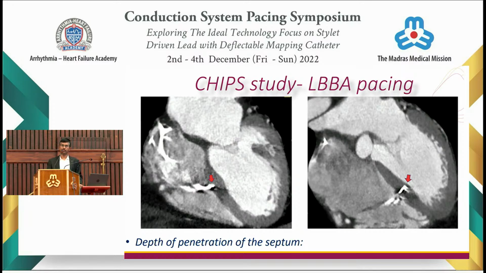What we could find from our study was that the depth of penetration value came around 70%. So if we could reach a penetration of more than 70% into the septum, as measured at end diastole, we could capture the left side fascicles at acceptable parameters and acceptable outputs.